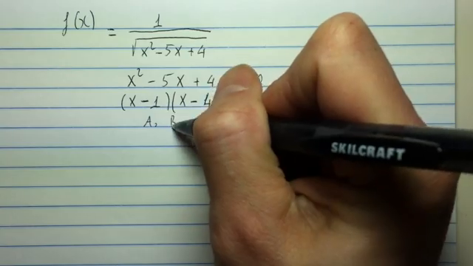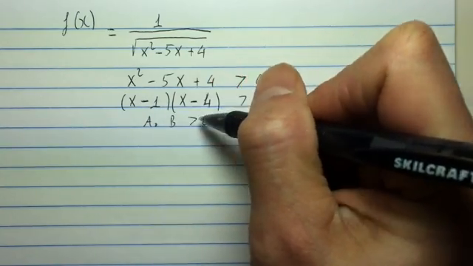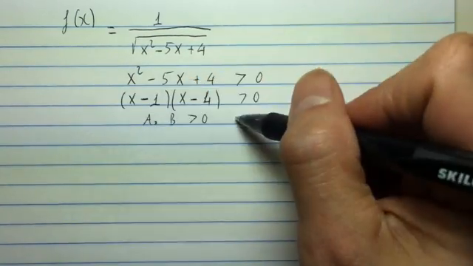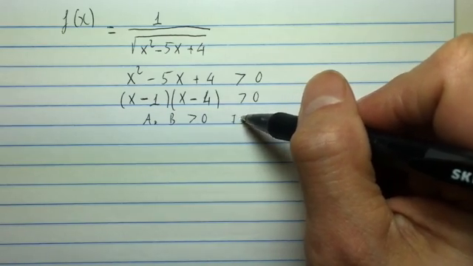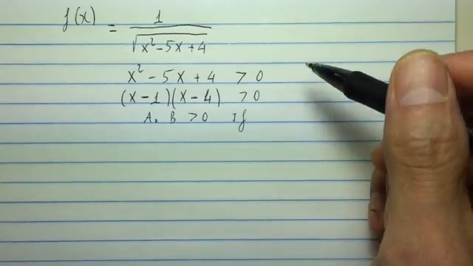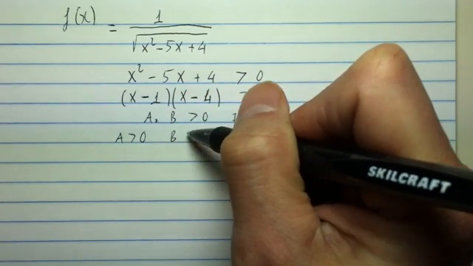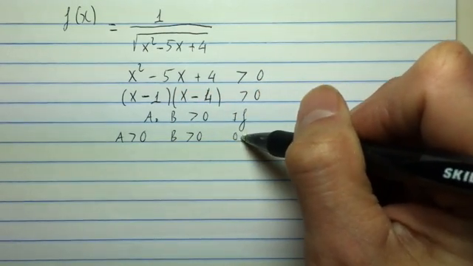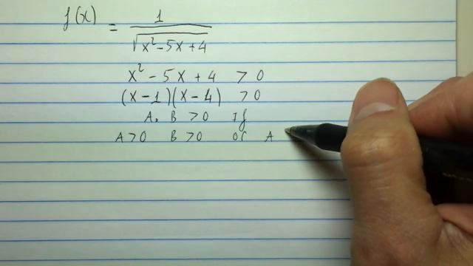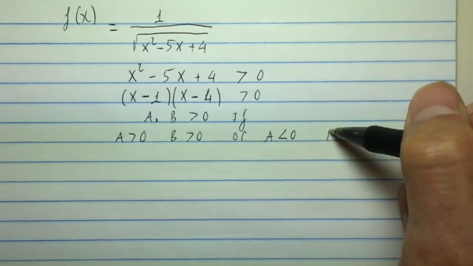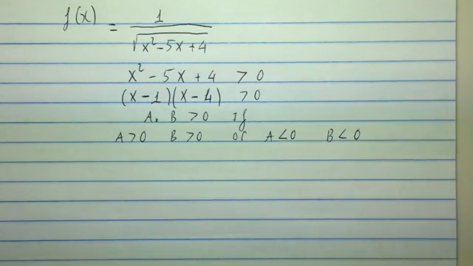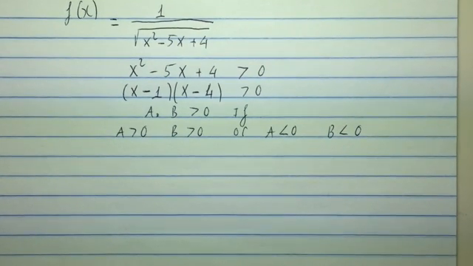We know two numbers times each other are greater than 0 if A is bigger than 0 and B is bigger than 0, or A is less than 0 and B is less than 0.